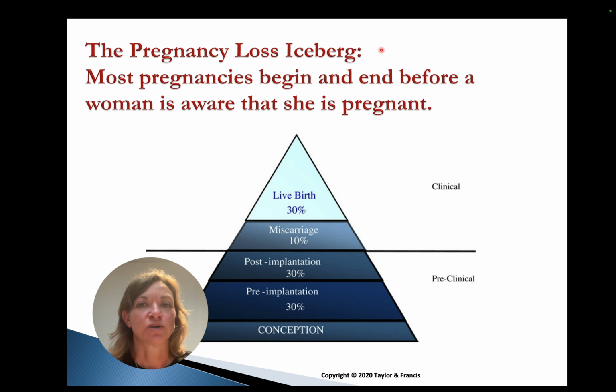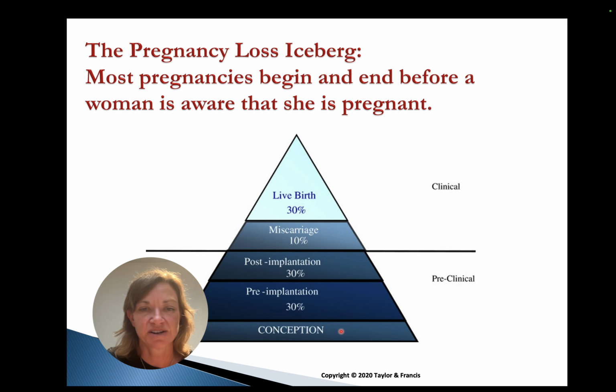And so this would be early stages, certainly during the embryonic period, and often before a woman even misses a menstrual period. So here we've got 30% at the top of the pyramid of live births. And then we've got a line dividing clinical and preclinical pregnancy loss. So I'll explain what that means.